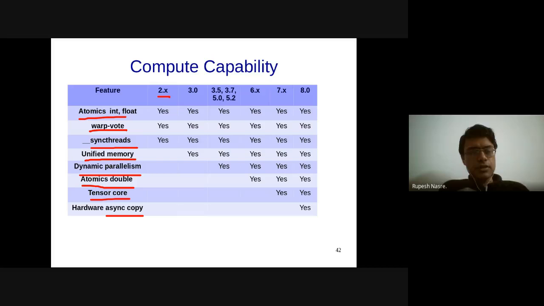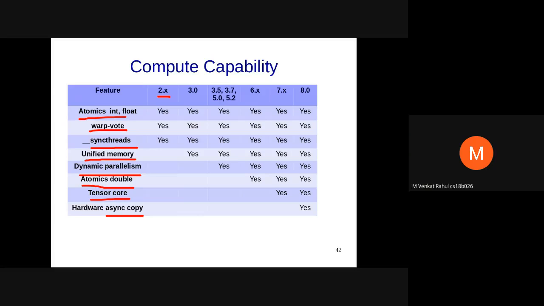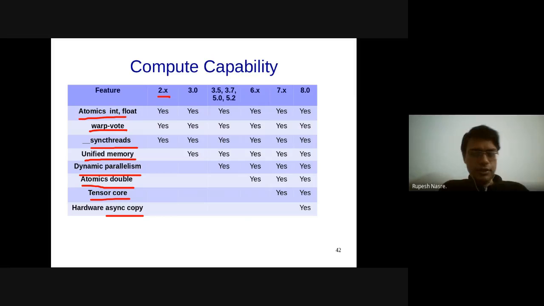My guess is that with this hardware acceleration, if there are simultaneous copies happening in both directions, the hardware will try to do it automatically rather than a programmer requiring it. That is my guess, but I can confirm this. I think I'll check this out and let you know. Okay, sir. Thank you. Any other questions?